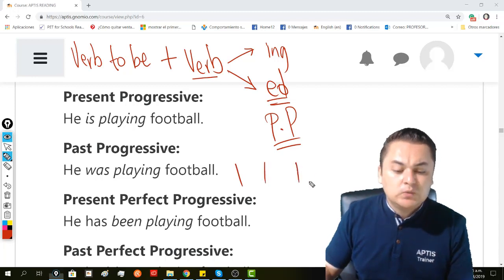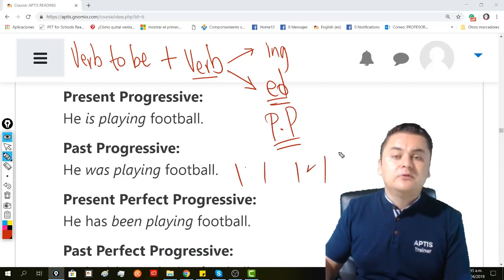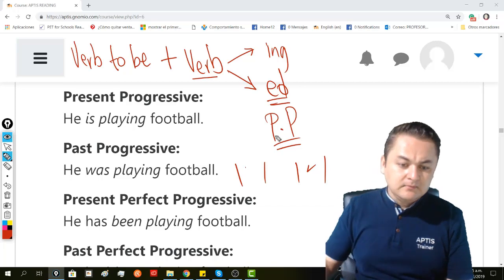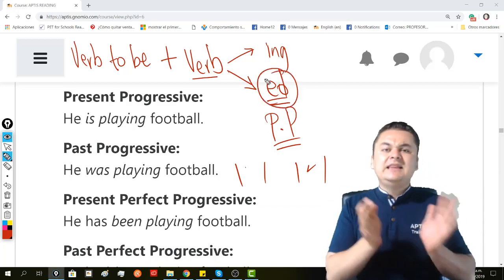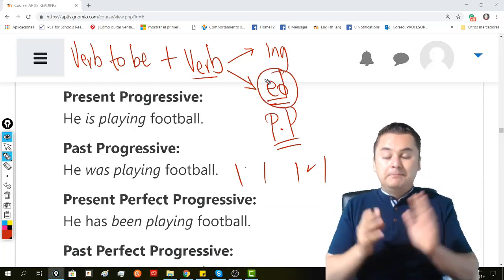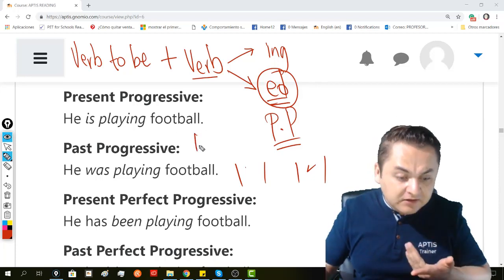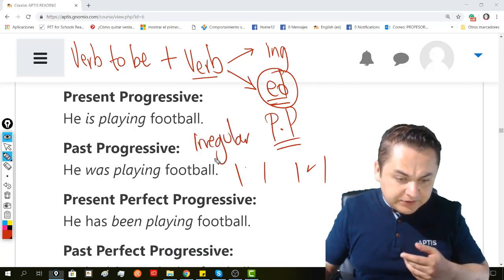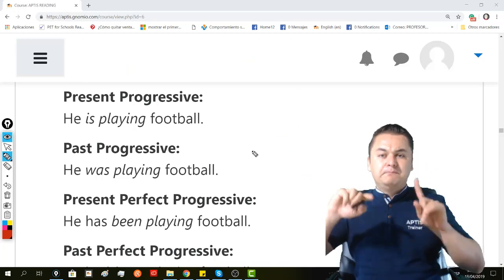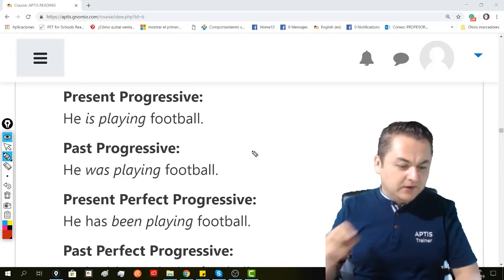One for present, one for past, and one for past participle. You can have the ed form of the verb, but if this verb is an irregular verb, you are going to need the past participle form of this verb.